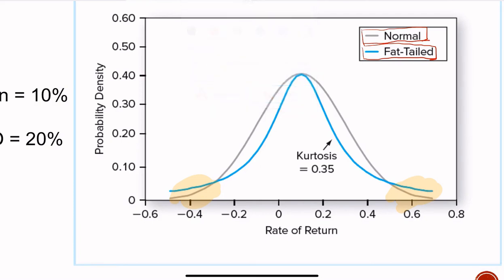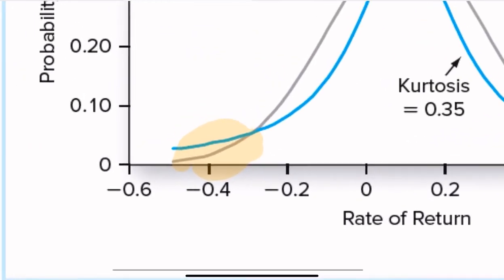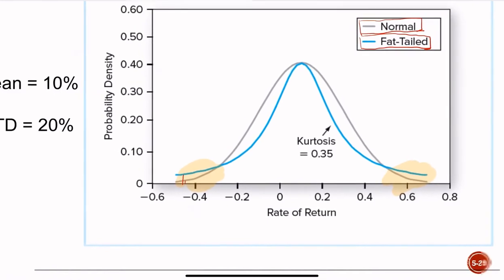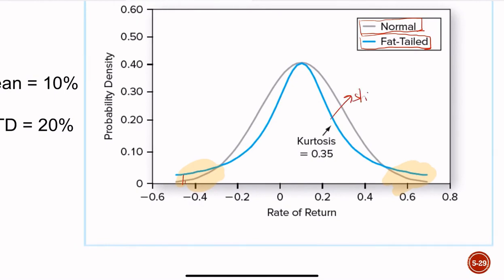Because you can see that the thickness of this tail here is given by this distance. And for the normal distribution, its thickness is given by this much shorter interval. So you can see that essentially this blue line has a fatter tail, and it actually has a slender shoulder, right?